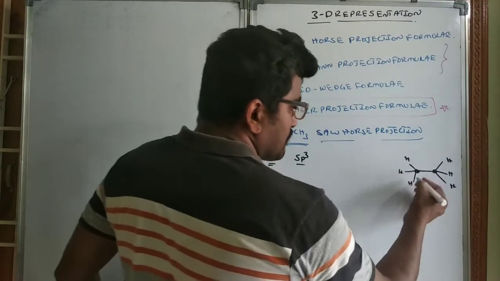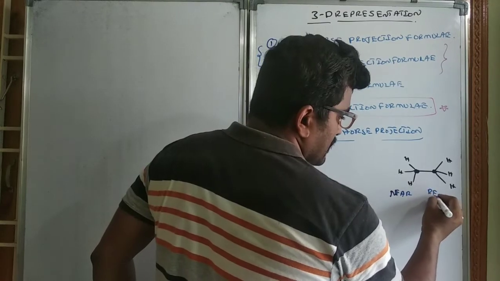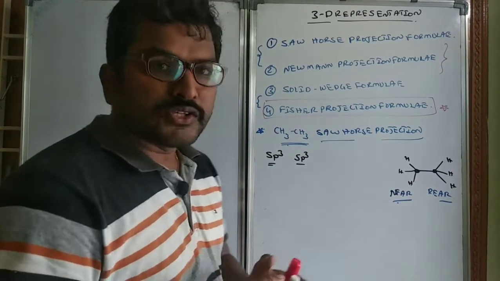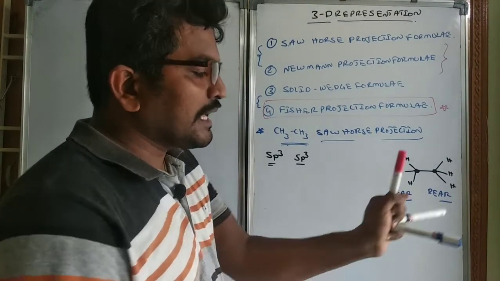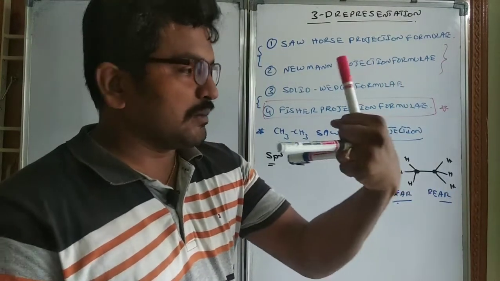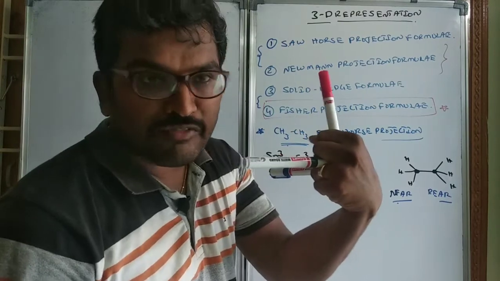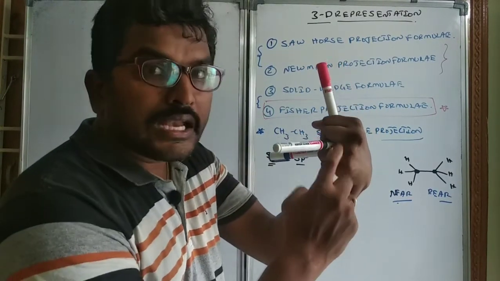So in these two carbons, one carbon is the near carbon, one carbon is the rear carbon. We are taking the molecule and trying to see it in different ways. You keep one carbon towards you and one carbon away from you. The carbon nearer to the viewer is the near carbon.